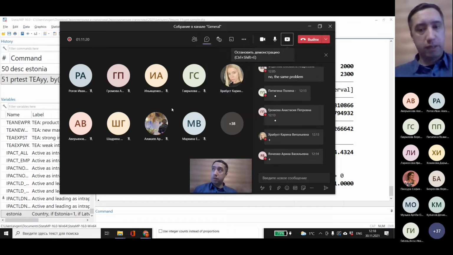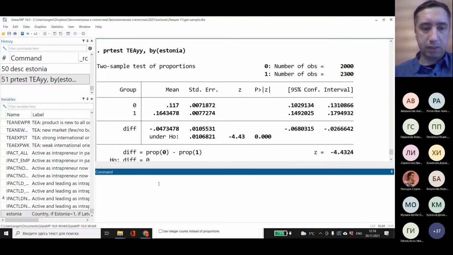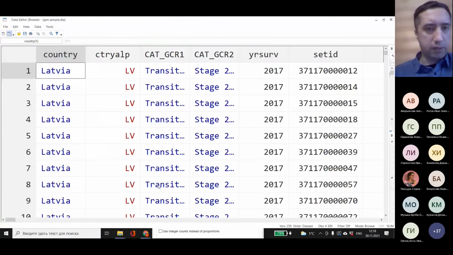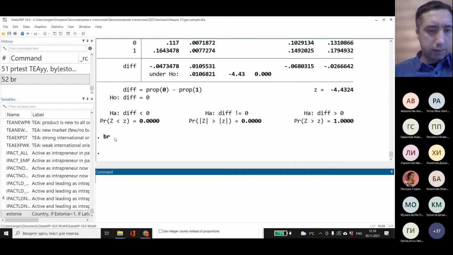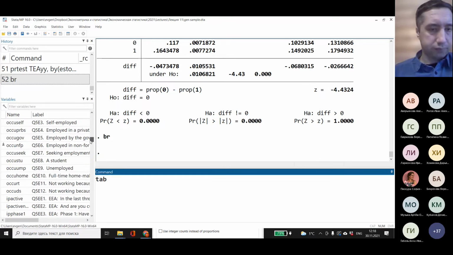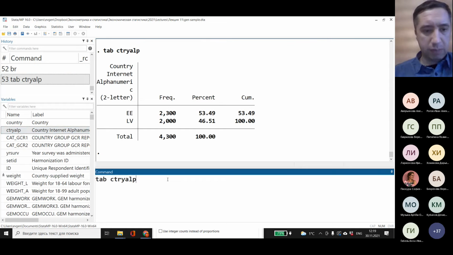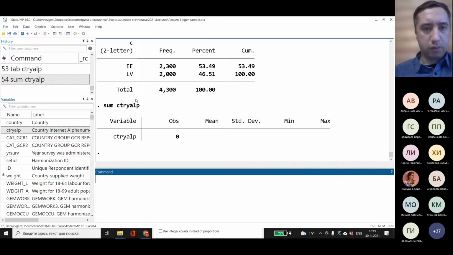No, because if your variable is a string variable, Stata will show you empty summary statistics, and it won't run the test. No, probably, let me show you. Oh yeah, this variable ctryalp is a string variable. It could describe, but if you use, for example, something with calculations, look, well, this is the difference.